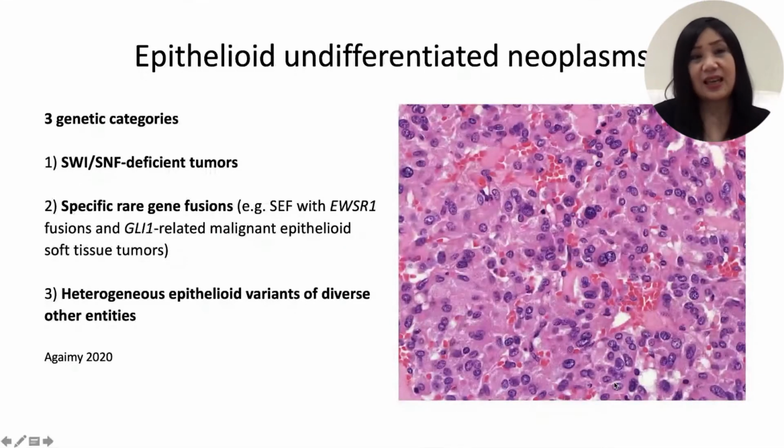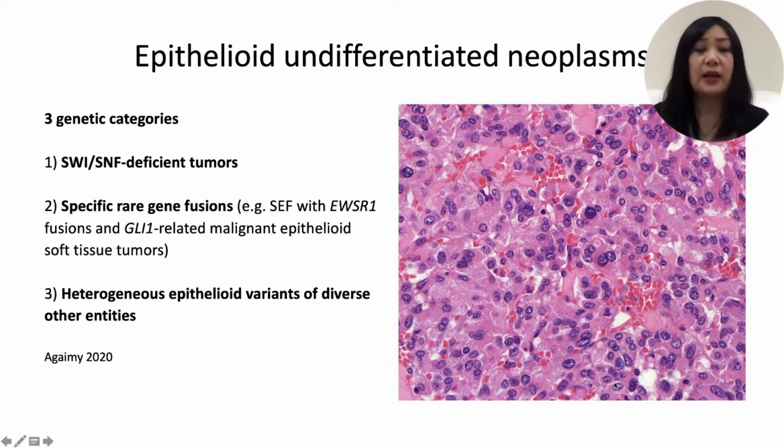The first is epithelioid tumours with SWI/SNF deficiencies, and we'll talk about those next. The second group are those epithelioid tumours with specific rare gene fusions. So Prof has already talked about sclerosing epithelioid fibrosarcoma, which typically has EWSR1 gene fusion, and he's also talked about the GLI1 amplified or rearranged malignant epithelioid tumours.